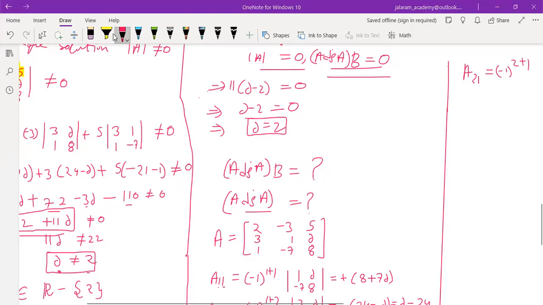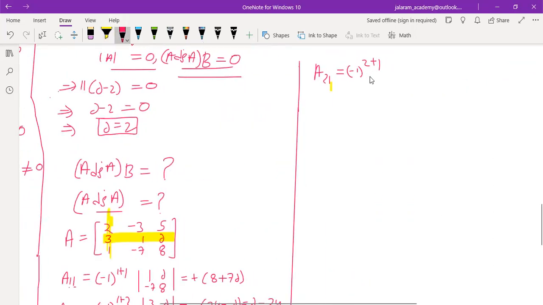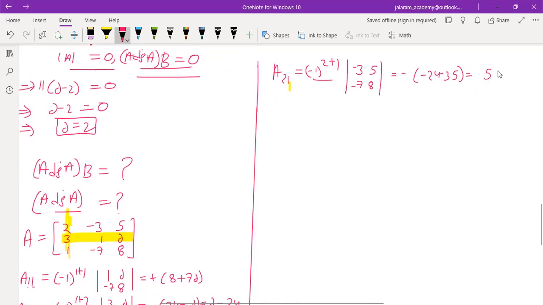So the remaining determinant of order 2 cross 2 is minus 3, 5 as the first row and minus 7, 8 as the second row, and this minus 1 to the power 2 plus 1 is minus: minus 24 minus 35, which gives minus 59, into minus 1 will be 59.